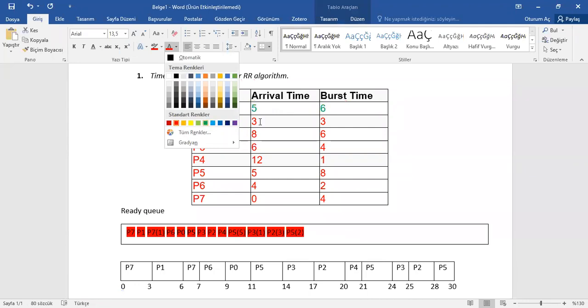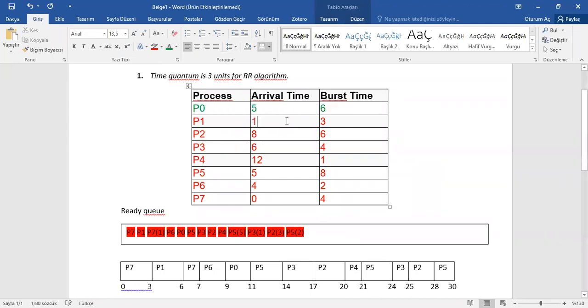I'm confused, that's why I want to understand. Are we going to choose the process due to the burst time or due to the process ID?